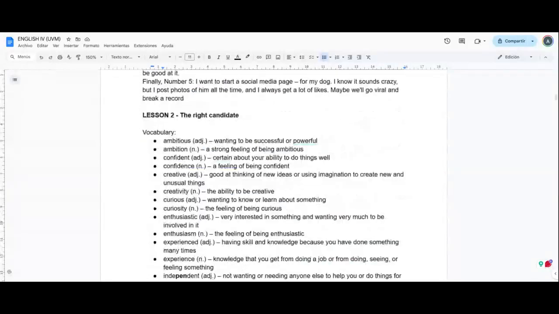Ambitious, the adjective, ambition, the noun; confident, the adjective, confidence, the noun; creative, the adjective, creativity, the noun; curious, the adjective, curiosity, the noun, and so on.